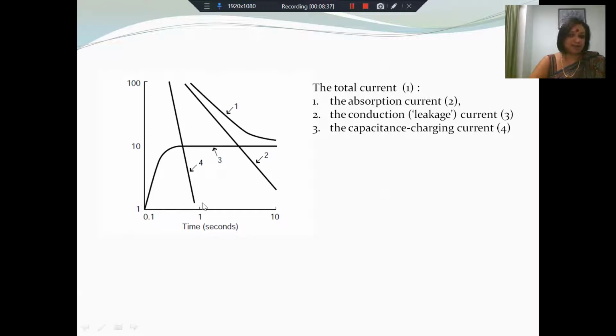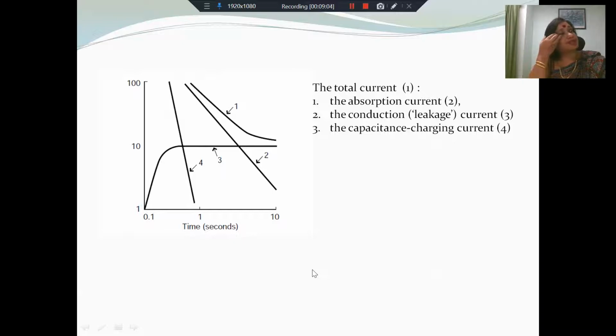These are in different time scales. As you can see, the capacitance charging current is the current that flows at the earliest instance of time. And after that, DC current takes over, and over and above DC current, you will also have the absorption current. And the total current beyond 1 second will be a combination of all 3 currents taken together.